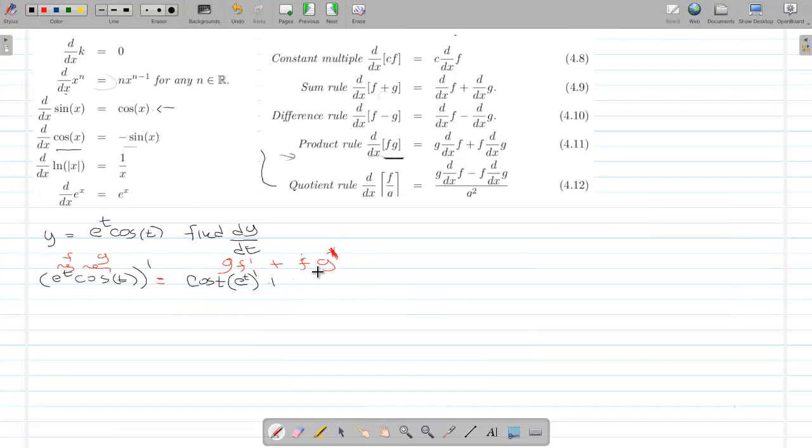Plus f is e^t, first function, no? Times the derivative of the second function. Okay.